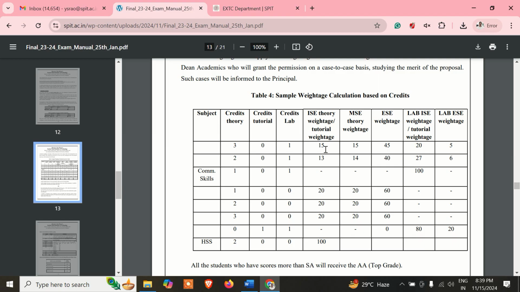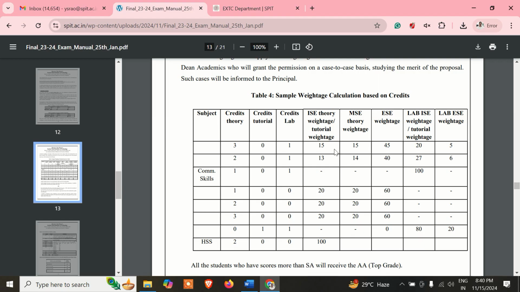For ISC, the weightage given to the theory is 15%, 15% to the MSc of the theory, and 45% weightage given to the theory ESC, and 20% weightage is given to the lab ISC, and 5% weightage given to the lab ESC.